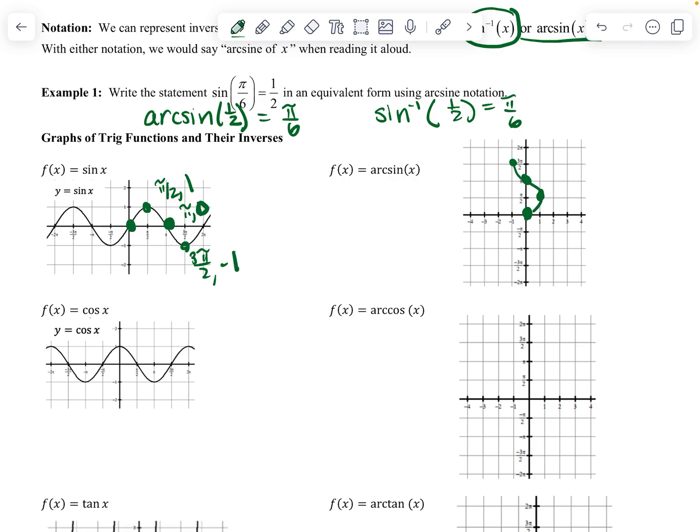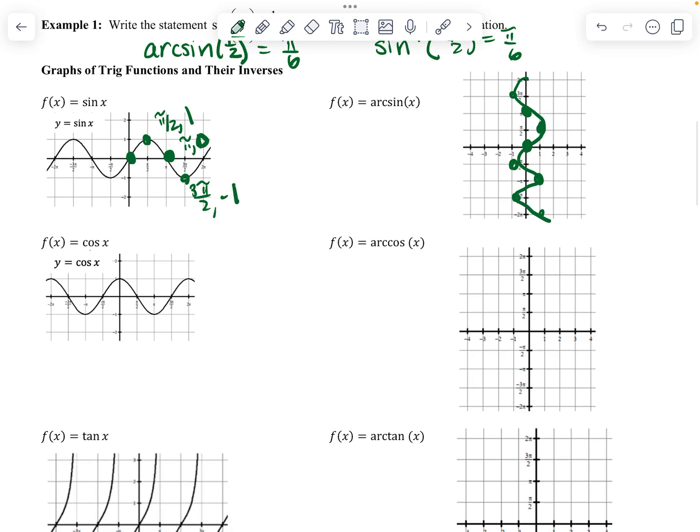Let me try drawing that again. I might put in a few more. So here is our arcsine. We can do the same thing with the cosine. We switch our x and y. The coordinate 0, 1 becomes 1, 0. Pi over 2 and 0 becomes 0 and pi over 2.